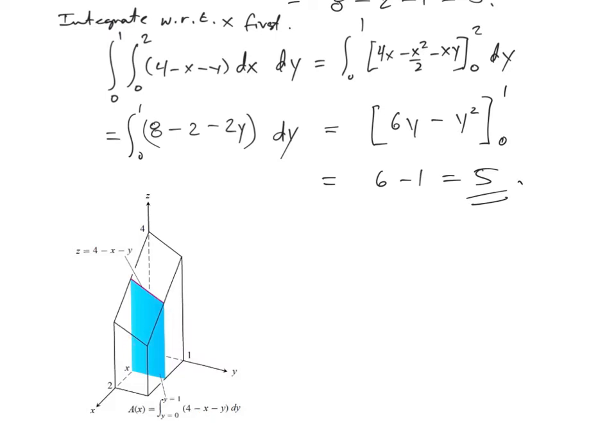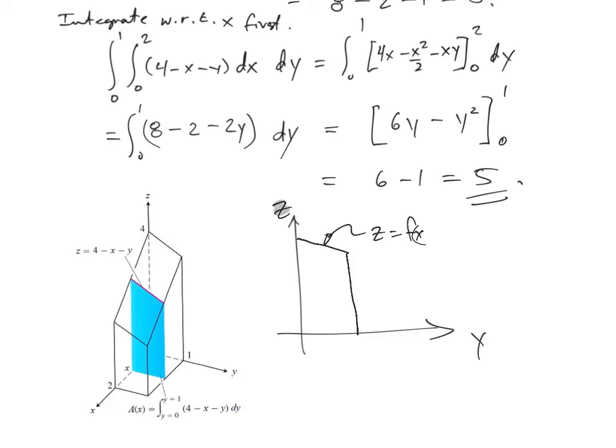So if you look at it from this perspective here, if you're looking at it straight on, this is the z-axis, this is the y-axis, and I see something like this, right? Where this here is z is equal to a function of x and y, which is 4 minus x minus y, right?